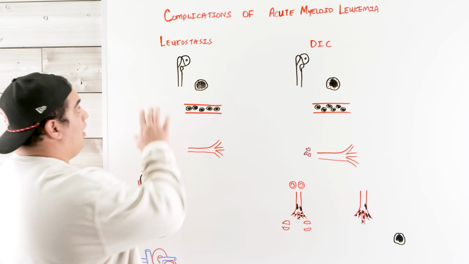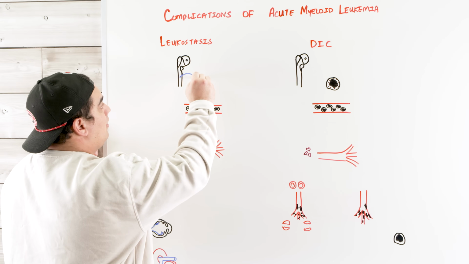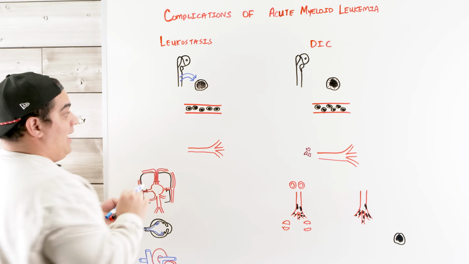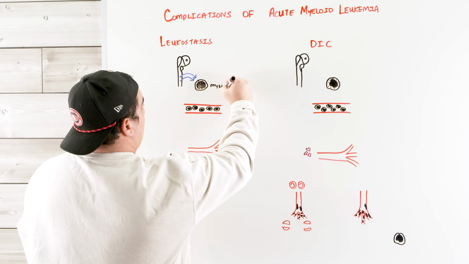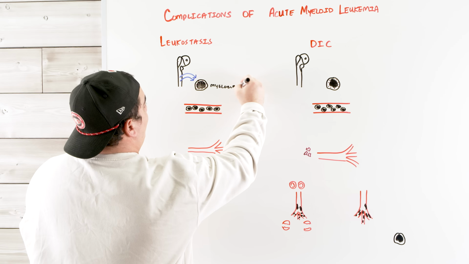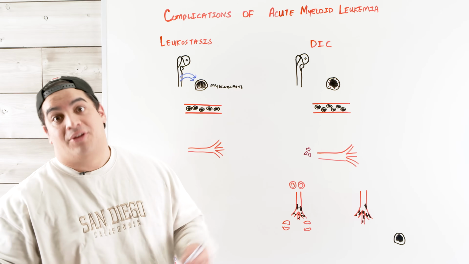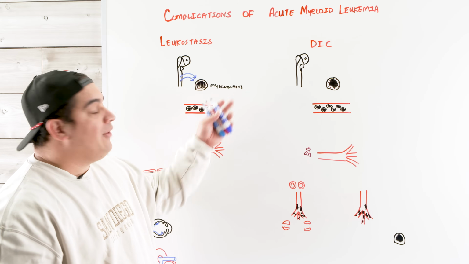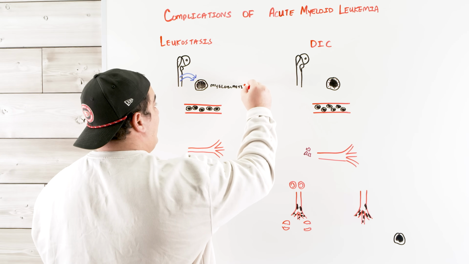This is a concept where, in AML, they pump out lots of these myeloblasts. Remember I told you that these account for white blood cells. So when you get a CBC and you get a white count that's like 300,000, these are accounting for that. The more myeloblasts you have, the higher that white cell count is going to be.